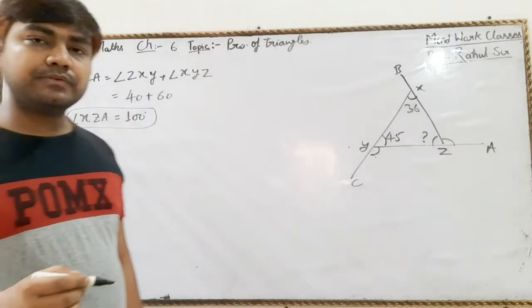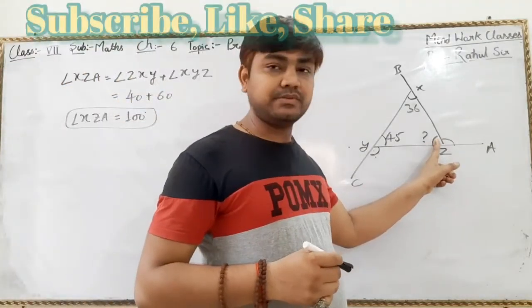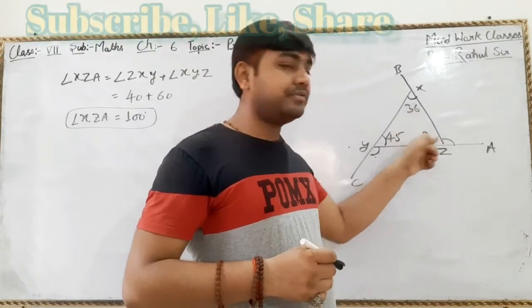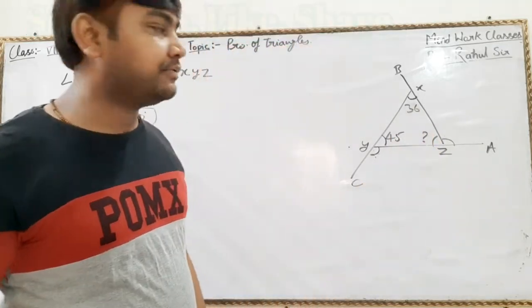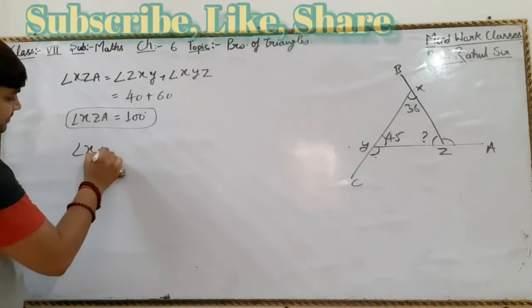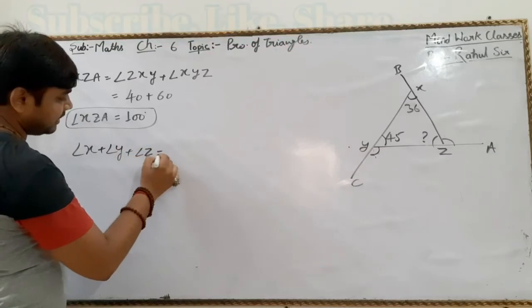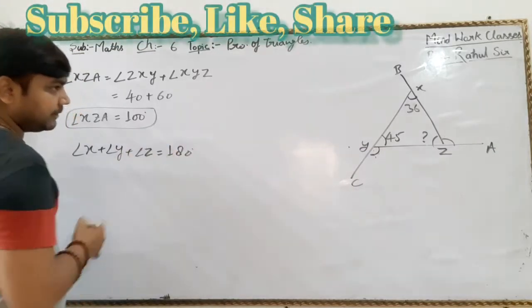First of all we can find out the angle Z with the help of angle sum property of a triangle. What is the angle sum property? Angle X plus angle Y plus angle Z is equal to 180 degree.